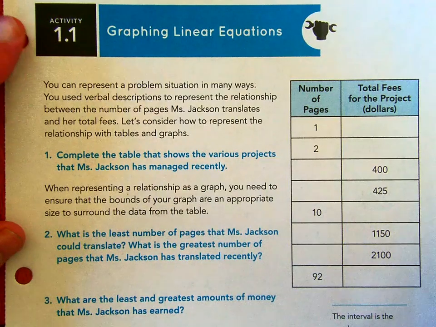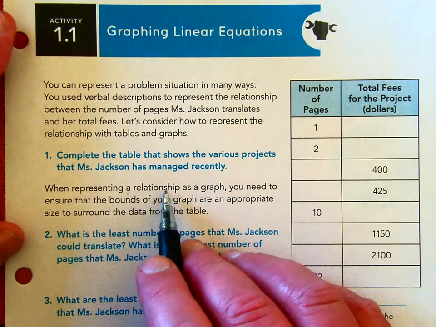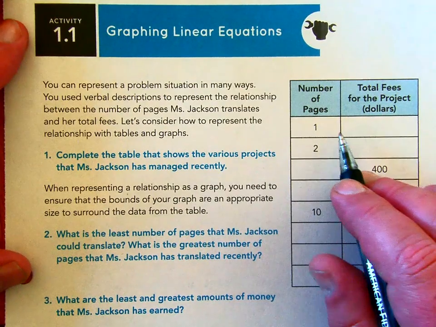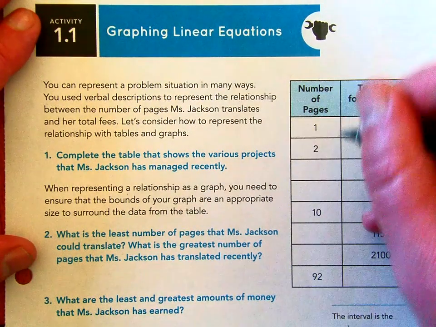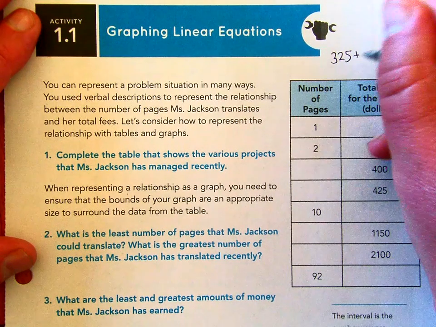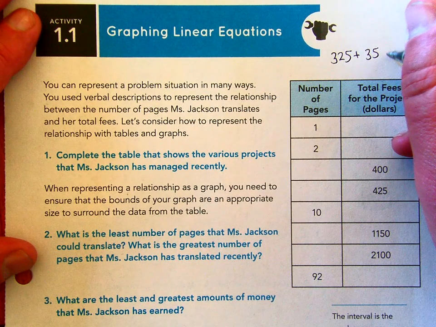Complete the table that shows the various projects that Ms. Jackson has managed recently. If she translates one page, how much does she charge? Her bill is $325 plus $25 per page times the number of pages.